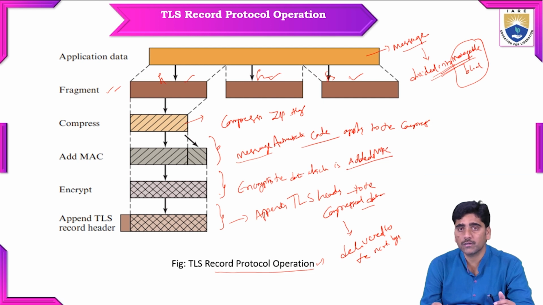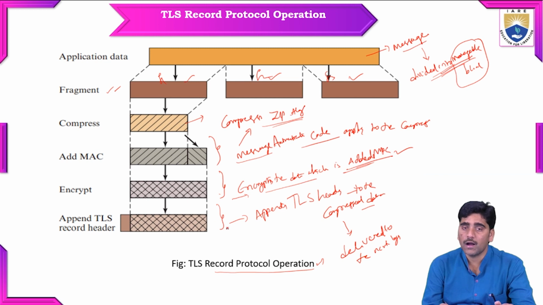Each fragment is going to be compressed with some compression algorithm. Then next, add a message authentication code to this compressed data. Next, encrypt the data which has the message authentication code applied.